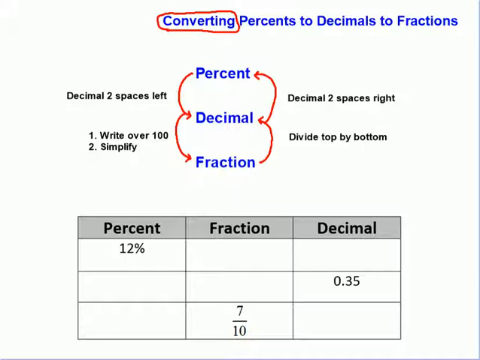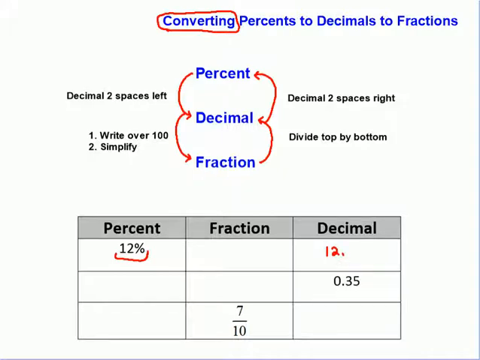To explain this drawing, if I want to convert a percent to a decimal, I'm going to follow this step right here. I'm going to move the decimal 2 spaces to the left. So here's my percent, 12%, and I want to convert that to a decimal. Right now my decimal point is right there.